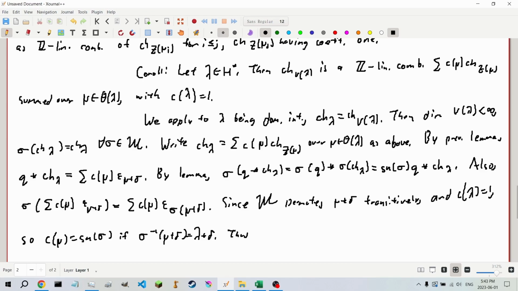Thus, and here's our key, we get that the convolution of q with the formal character of lambda is the sum over our sigma in the Weyl group of the sign of our sigma times e of sigma of lambda plus delta.